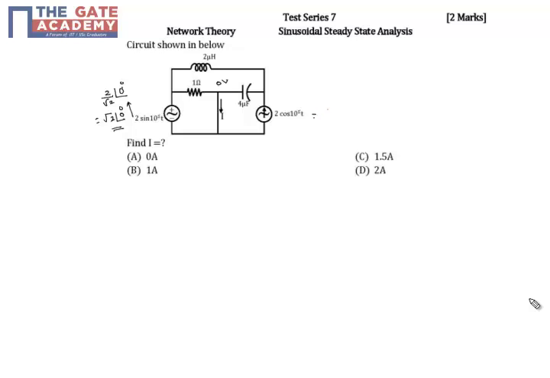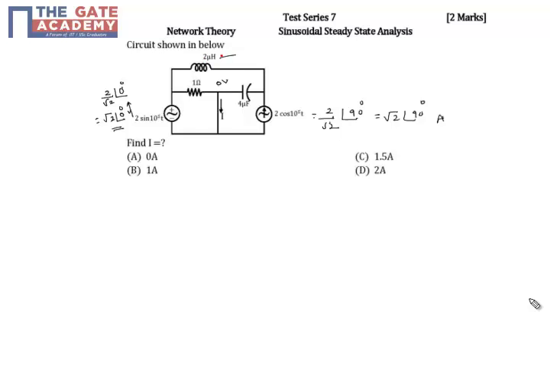So this is equal to its RMS value 2 by root 2. Since it is a cos, it is at an angle of 90 degrees. So this is root 2 at an angle of 90 degrees. This is in amperes and this is in volts. Similarly, I will calculate the impedance of the inductance and the capacitance.